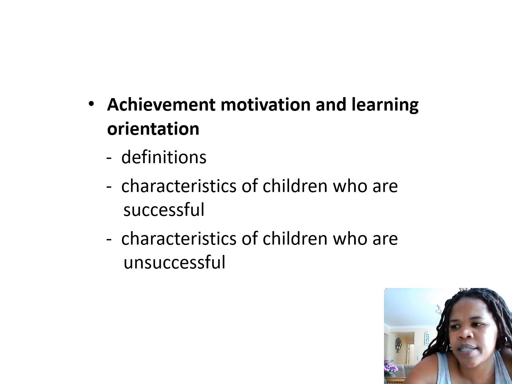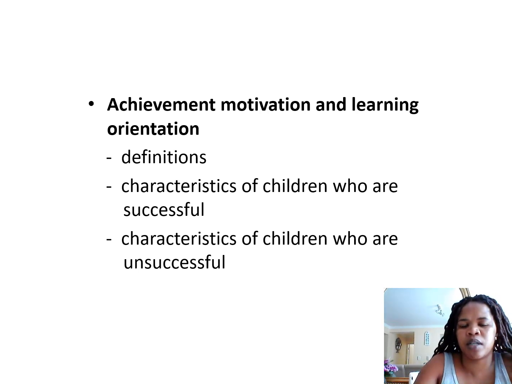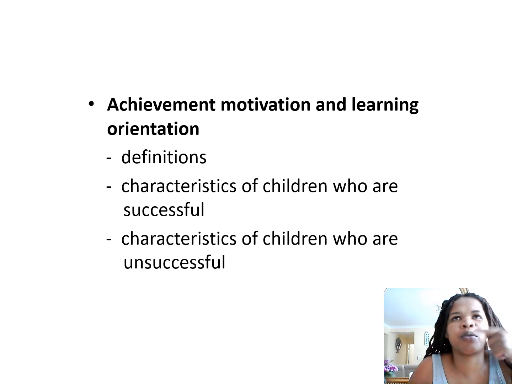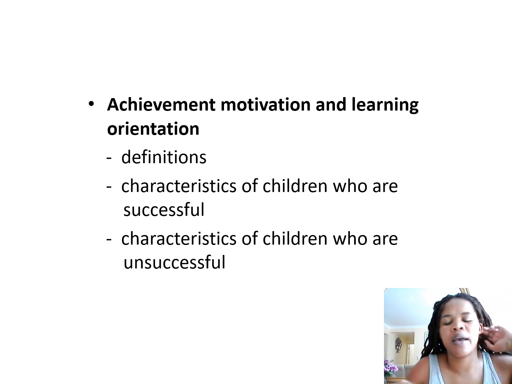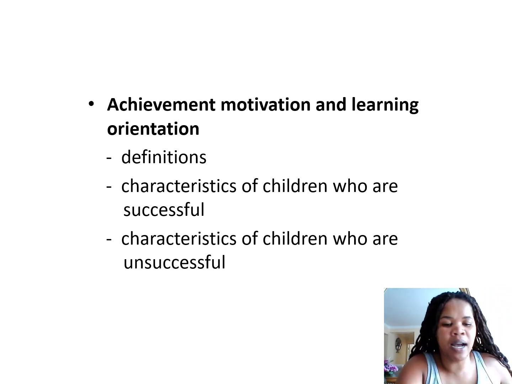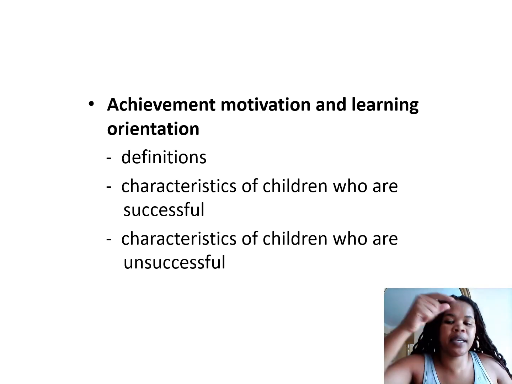Mastery orientation children seek challenging tasks. They view them as a way to increase their ability. So they like to challenge themselves, because they see that it's going to increase their ability. I'll give you an example. We've got steps here, not stairs. There's like four steps at the back. When my daughter was young, she could jump from the second step.